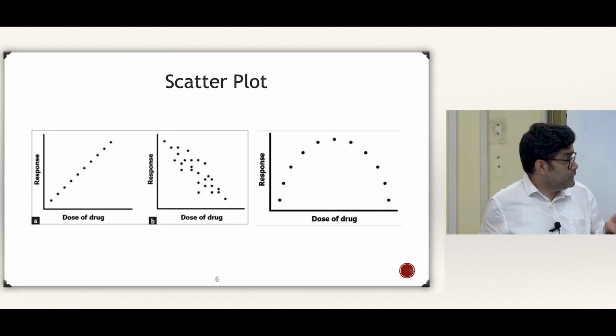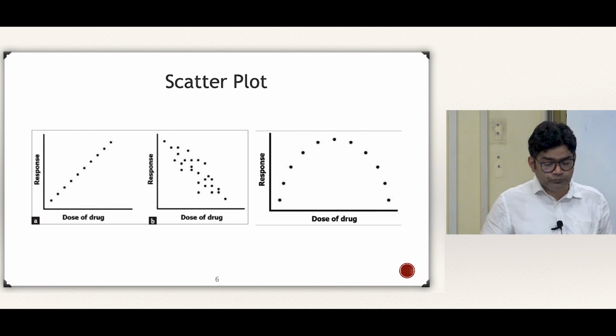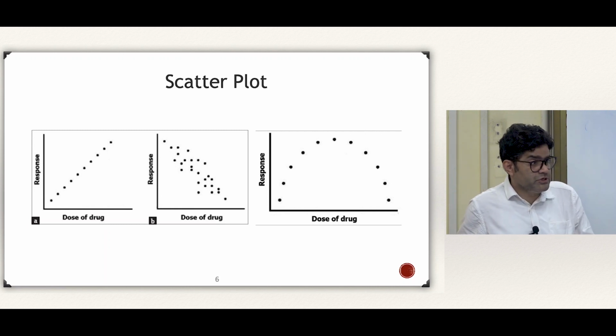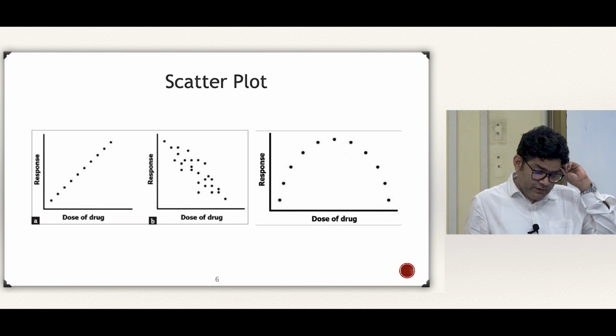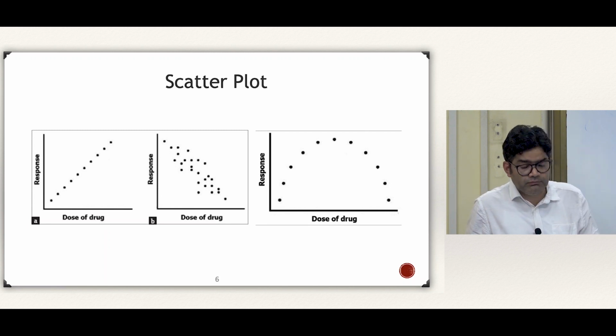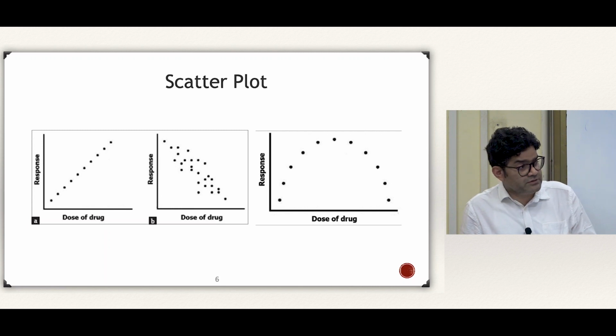Before calculating correlation values, we can have a descriptive measure for correlation. Here we have three graphs. The first one shows a positive relationship between the predictor variable and the response variable. The second one shows an inverse relationship.